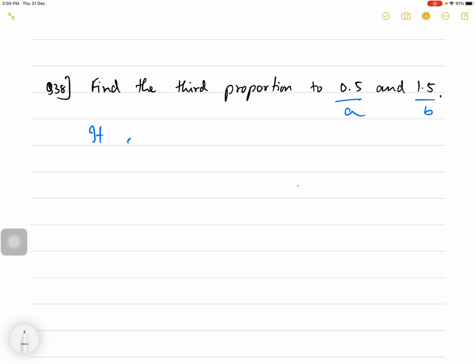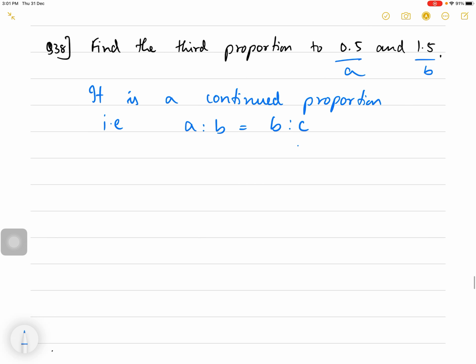I'll write down, it is a continued proportion, that is A is to B is equal to B is to C, right? So AC is equal to B square.